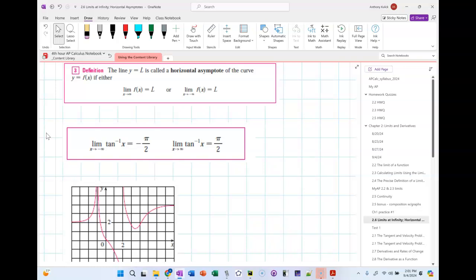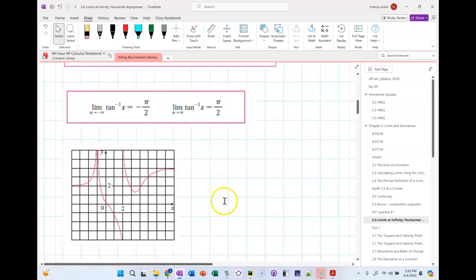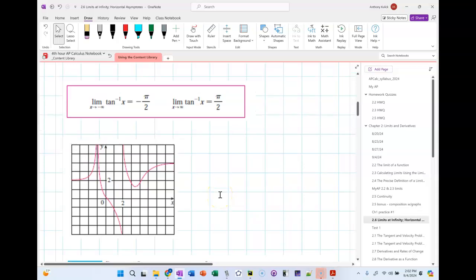It has two horizontal asymptotes too, at negative pi over 2 and positive pi over 2. That sound right? Okay, all right. Let's take a look at this picture here. What do we see here as far as our horizontal asymptotes go?